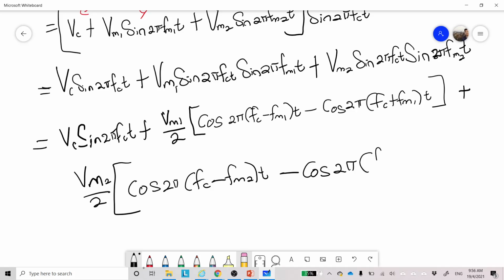So you see that here, how many components do I have? I have one carrier, the first lower sideband, the first upper sideband, the second lower sideband, the second upper sideband. Now I have 5 components.